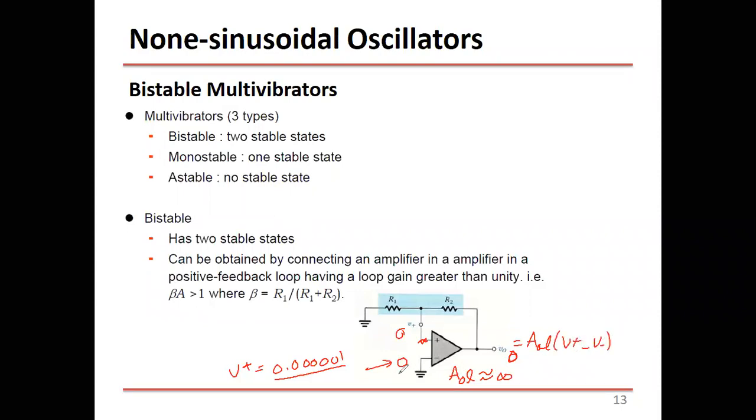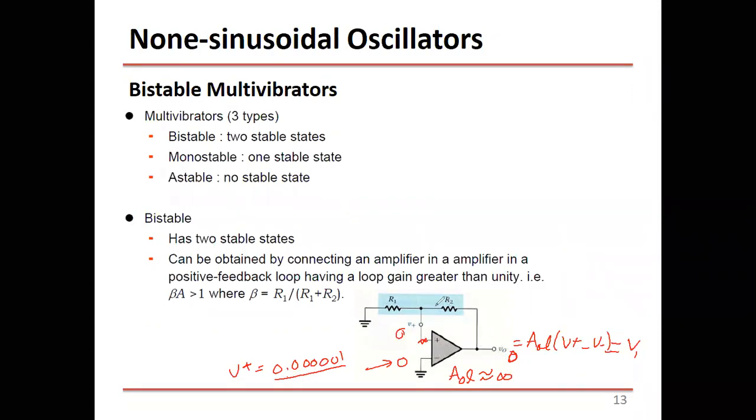V minus is 0, connected to the 0, and V plus now is having this 0.000001. So this will give you a certain voltage, let's say 10 volt or like V1. So this very small amount of noise will generate a voltage at the output.